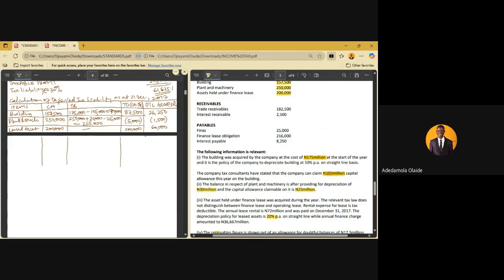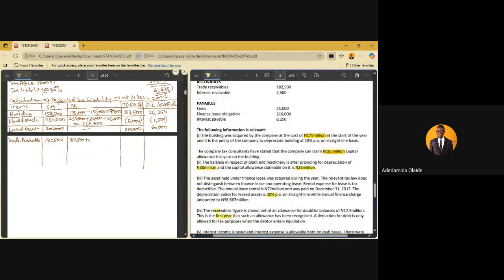Okay. We move to the next one. Trade receivables. For trade receivables, the carrying amount is 182,500. For tax base, it will be the 182,500 plus, don't forget, for them to arrive at this 182,500, they deducted 17.5 million, which is the allowance for doubtful debt.